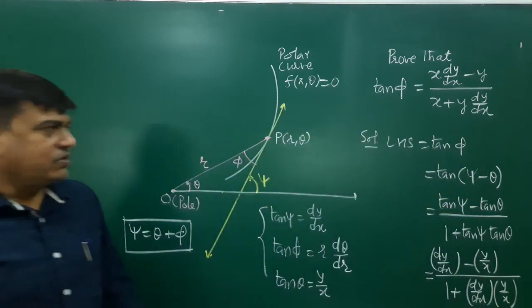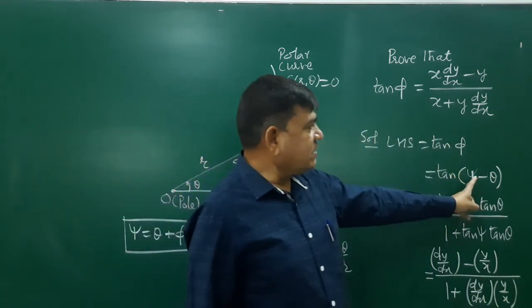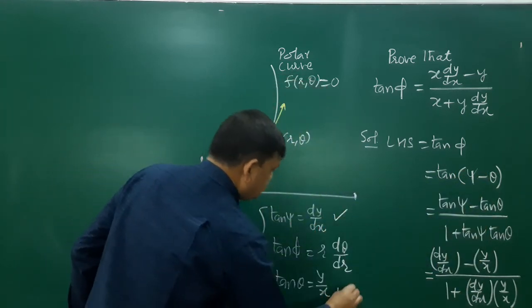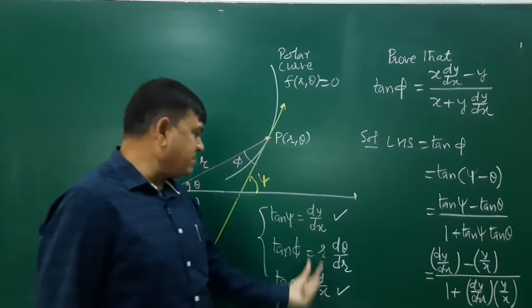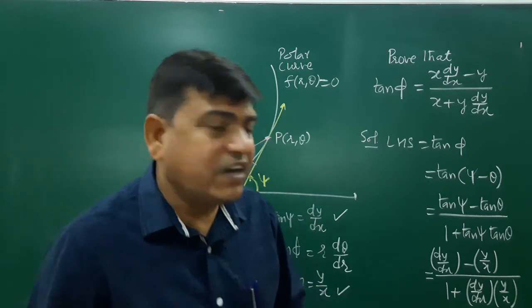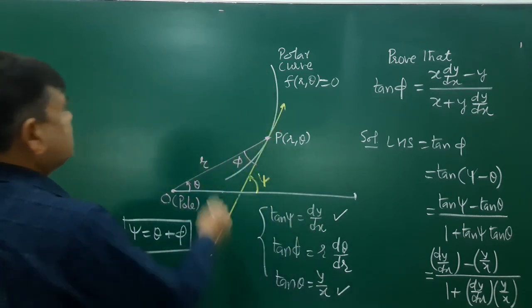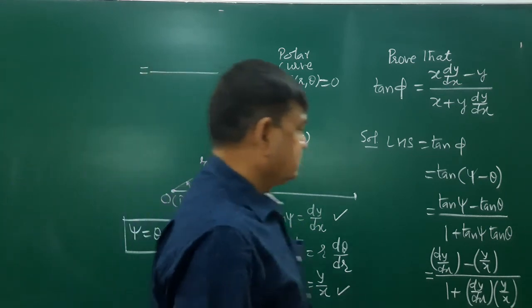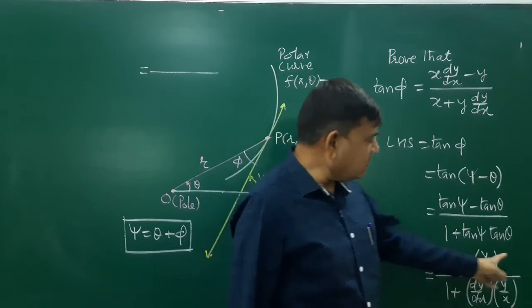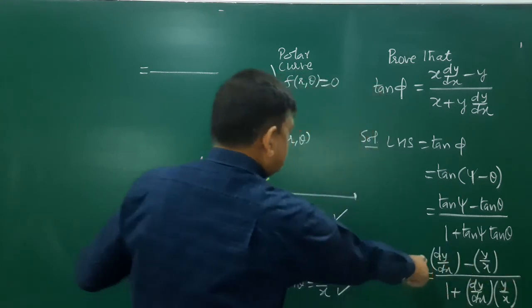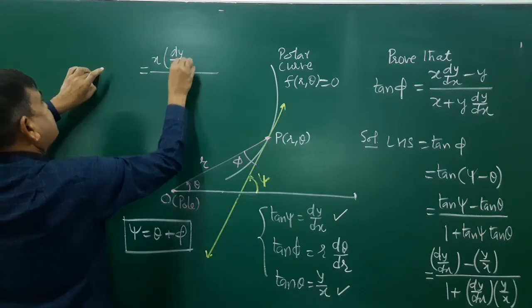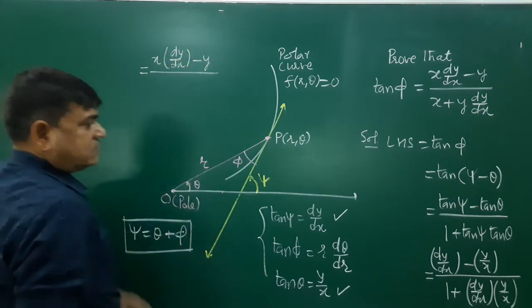Because it is in terms of sine theta. So here you can see this is sine and this is theta. This is in terms of dy by dx and this is in terms of y upon x. Now we simplify. We multiply the whole result by x. So it is x into dy by dx minus y.